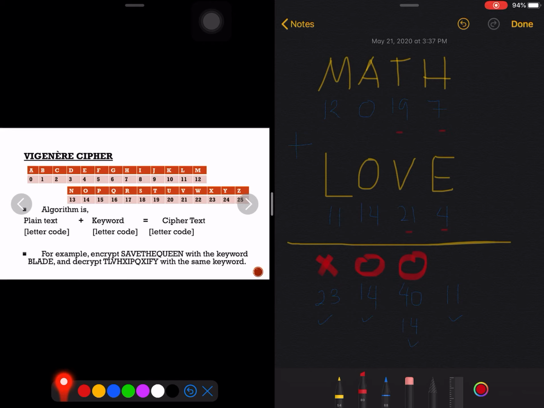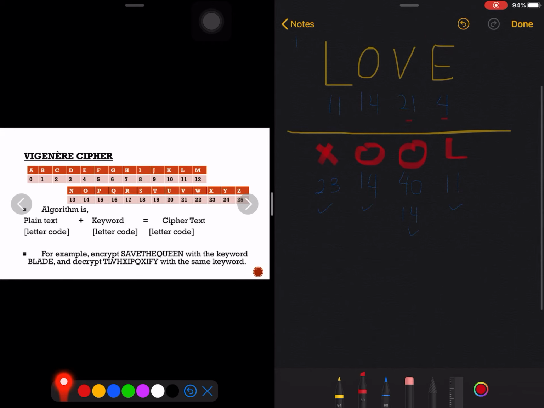Next would be 11. 11 would be L. There you go. So MATH is actually XOOL with the use of Vigènere Cipher having the keyword LOVE. How to have this time decrypting.